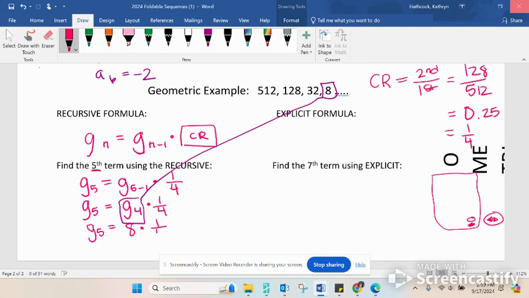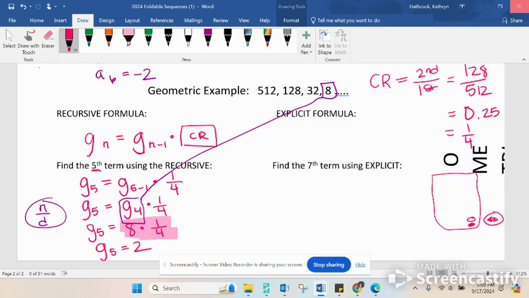I'm going to multiply by 1/4 and end up with G5 equals 2. So this right here, this 8 times 1/4, you can put that in your calculator. You also have a really cool button for fractions. Go look for this button right here, N over D. It'll help you type a fraction into your calculator.